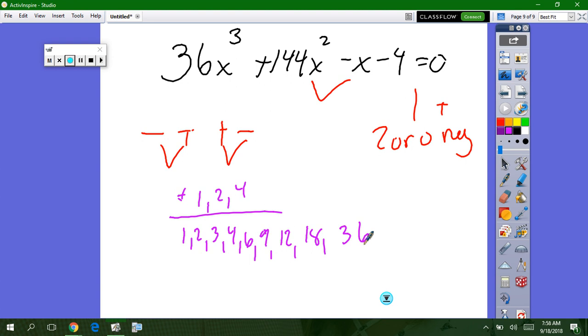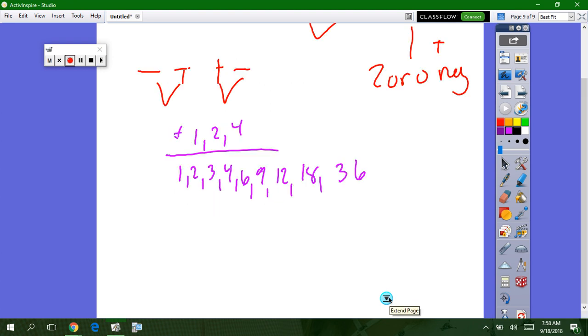So what's all of our possible rationals, guys? You ready? Okay, here we go. Take a deep breath, because this is part of your homework, just listing the possible rationals, and that's all you have to do for the question. List the possible. Okay, here we go.